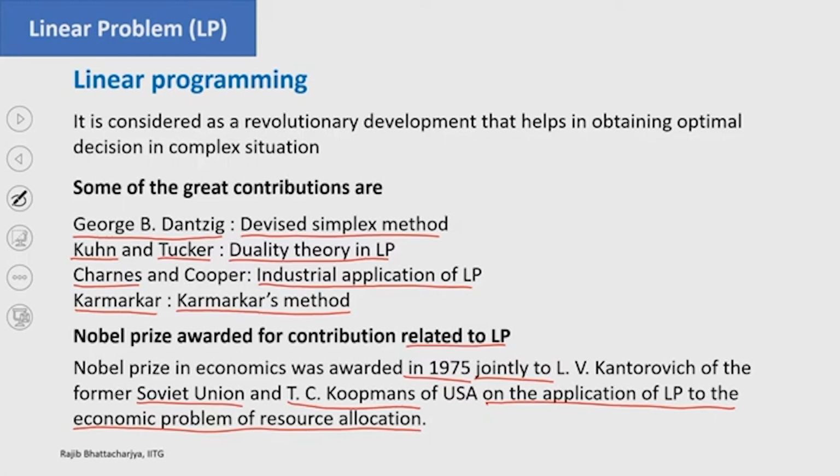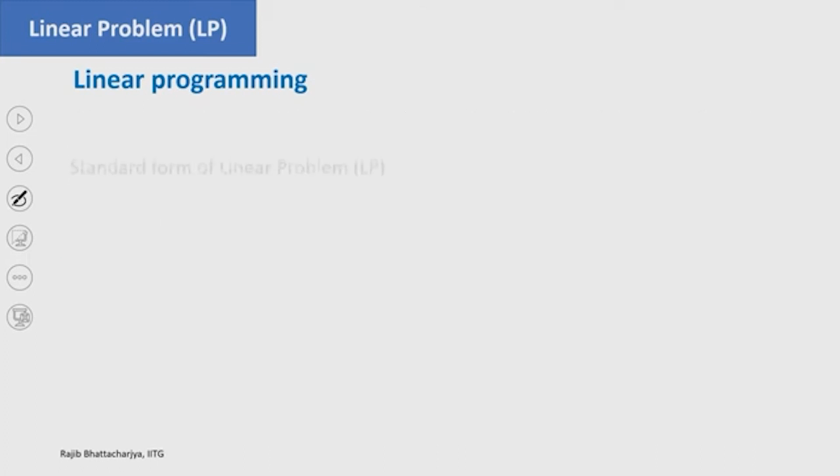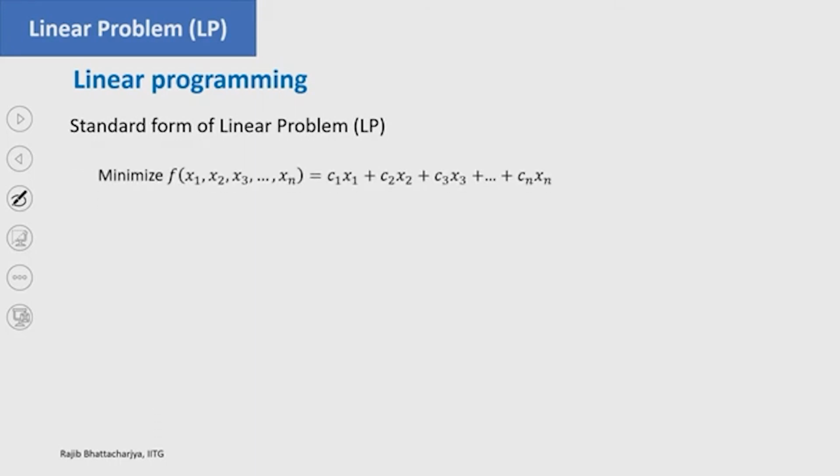So, let us go to the linear problem. Now, the standard form of a linear problem. A linear problem, as I said, I can define as a minimization problem. So, here minimization of f(x).